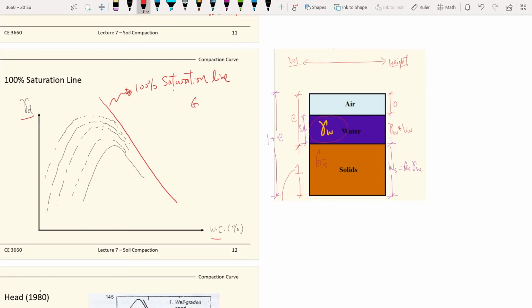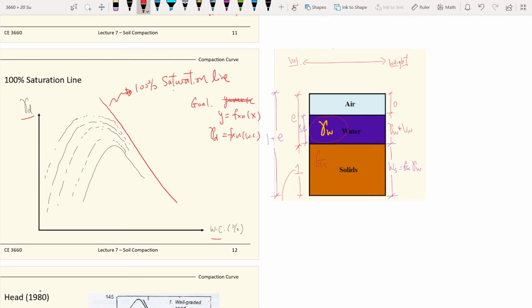A simple equation is y equals mx plus c, but this could be a curve, so y is a function of x. Your y-axis, the dry unit weight, is a function of the water content.